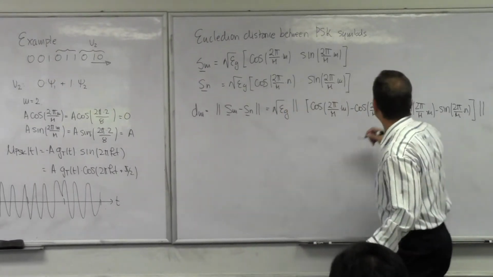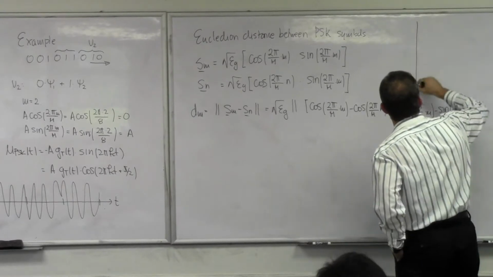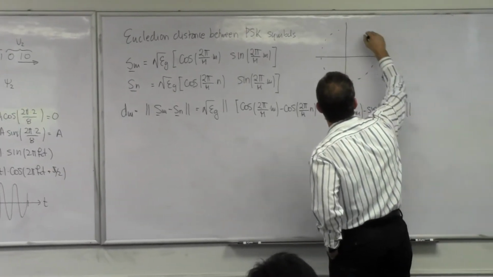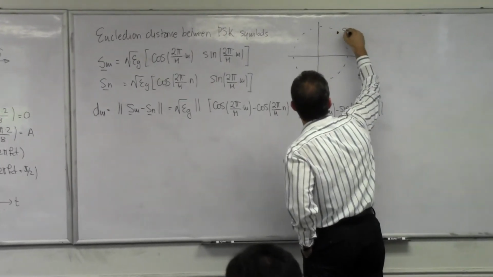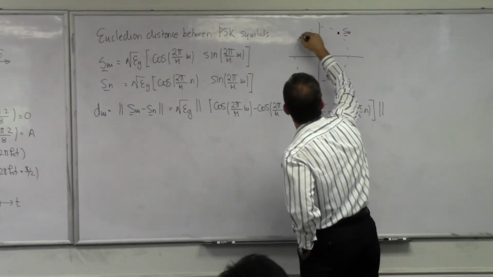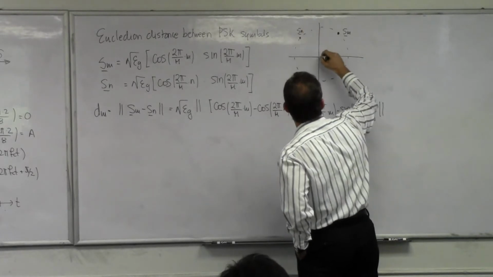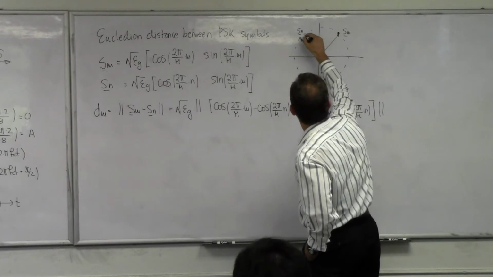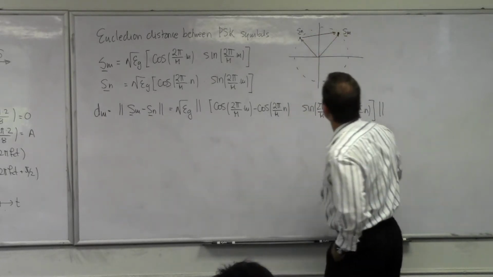What is it that we're looking for? Let's say this is our constellation in case of the PSK. And this is S_m, and this is some S_n. Right, so these are the 2 vectors. The difference between these 2 vectors is this, right?